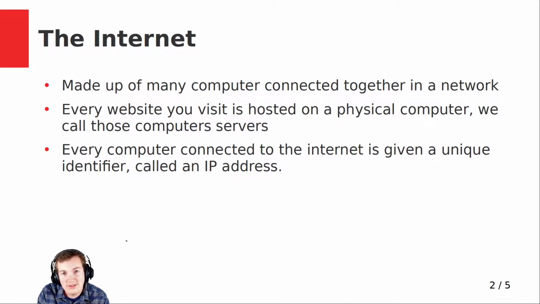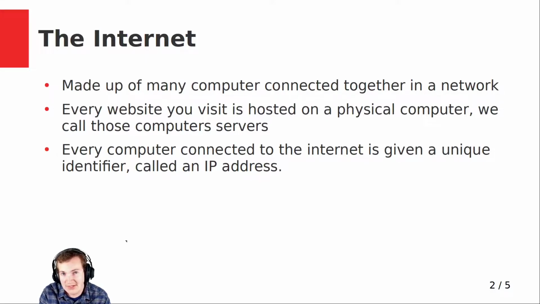So if you've ever looked into the internet and asked the question of what the internet is and how it works, you've probably heard somebody say before that the internet is nothing more than a bunch of computers that are all connected together. And that is essentially correct. Every website that you visit has to be hosted on an actual physical computer located somewhere. We usually call those computers servers.